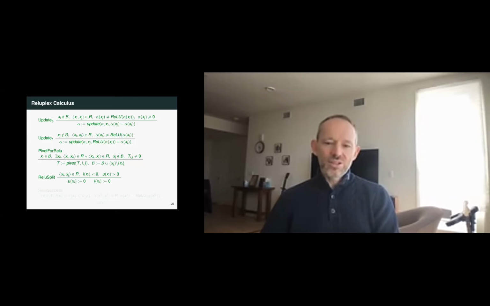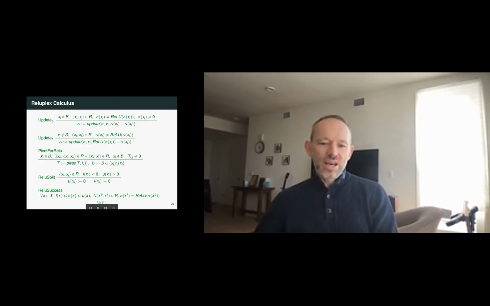But you do have to consider 2 cases. And then finally, the success rule now says that all of the variables have to be within their bounds and all of the ReLU constraints have to be satisfied. Okay, so now what we've done is we've taken the simplex calculus and we've extended it with some new rules.